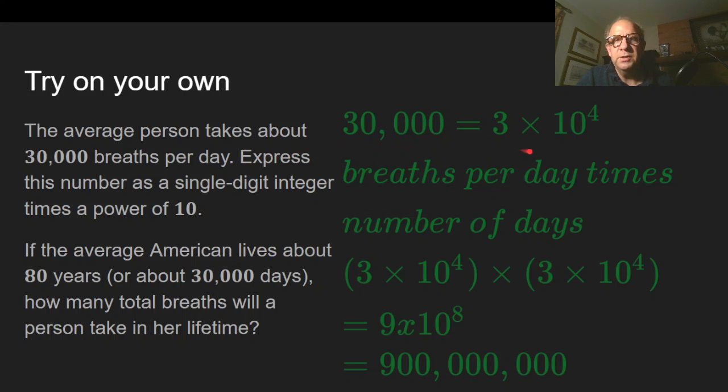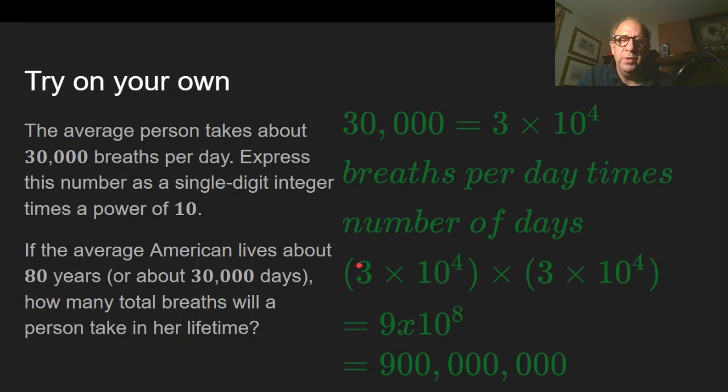So 30,000 is 3 times 10 to the fourth, and both of these are 30,000. So I'm going to multiply 3 times 10 to the fourth times 3 times 10 to the fourth. Through the magic of commutative property, I'm going to move these around because I'm not adding, I'm multiplying.